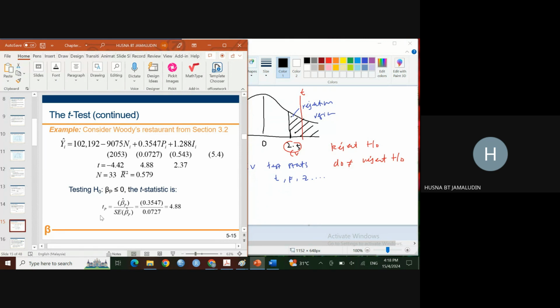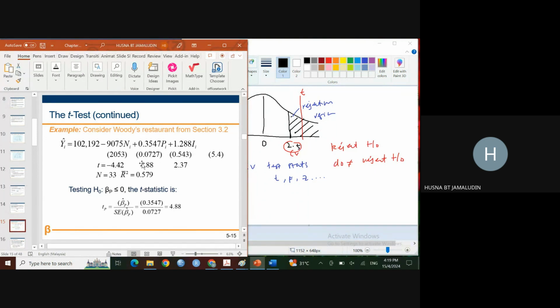Okay. So this is how you want to compute the test statistic. This formula is beta hat over standard error of the beta. Now you want to find the test statistic or the T statistic for P, for population. So look at the small p. You are not talking about N or I. You are talking about the population. So how to find the test statistic for population? The formula is beta hat over standard error.